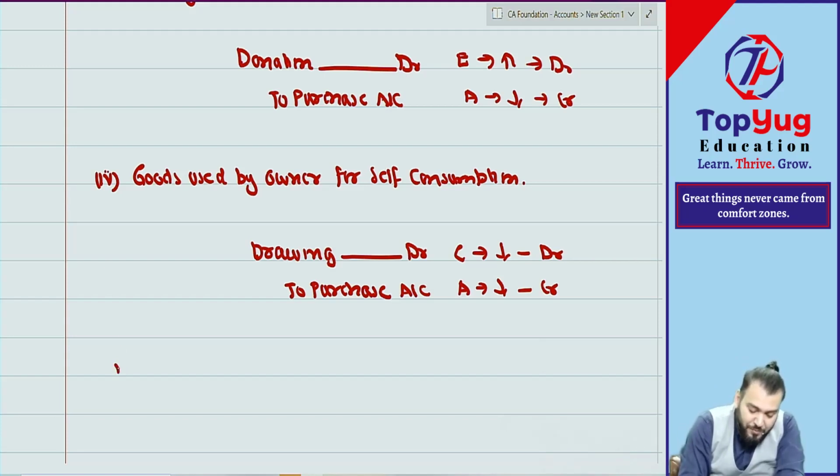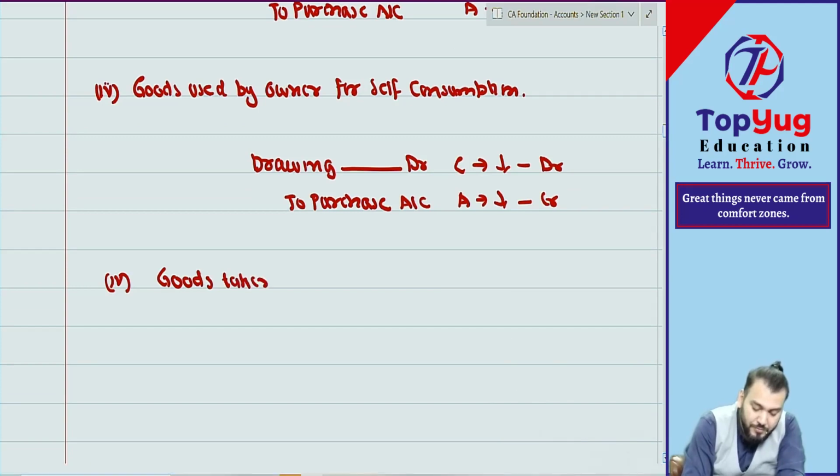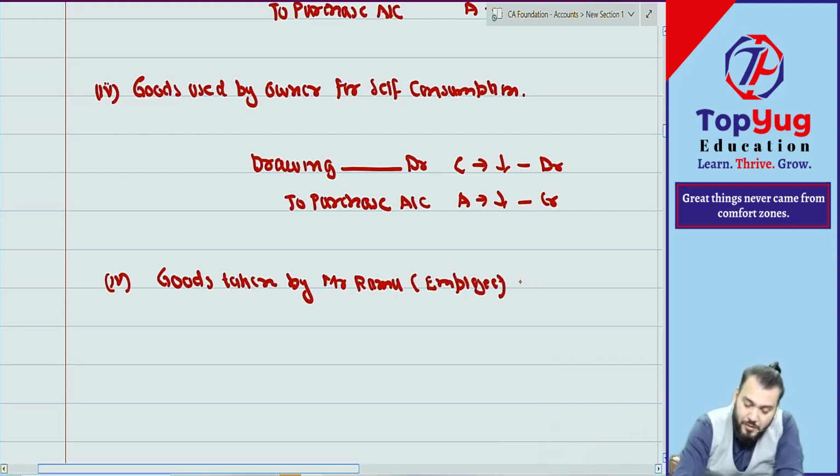Point number 4. Goods taken by Mr. Ramu. Ramu is an employee, correct?